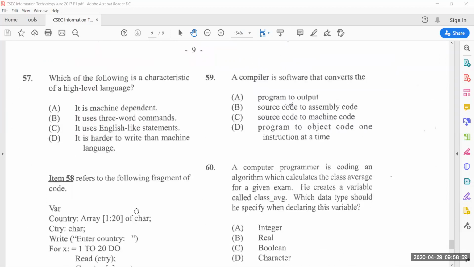57. Which of the following is a characteristic of a high-level language?